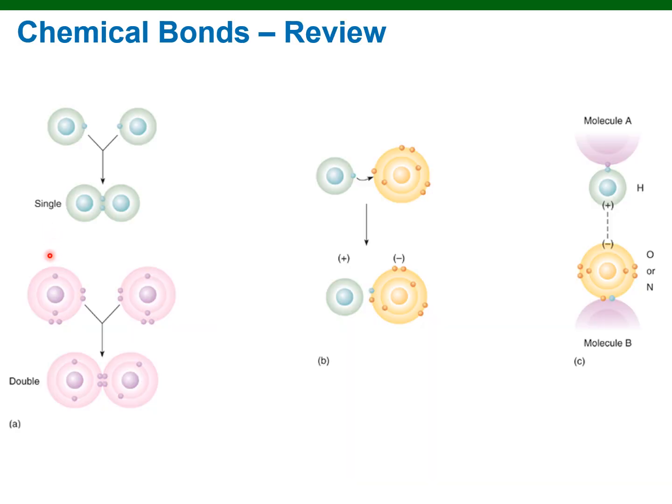Okay, let's review the three bond types that have been covered in this lecture. Starting over here on the left, panel A, we have an atom and then a neighboring atom over here. These two atoms appear to bond together while sharing a single pair of electrons.